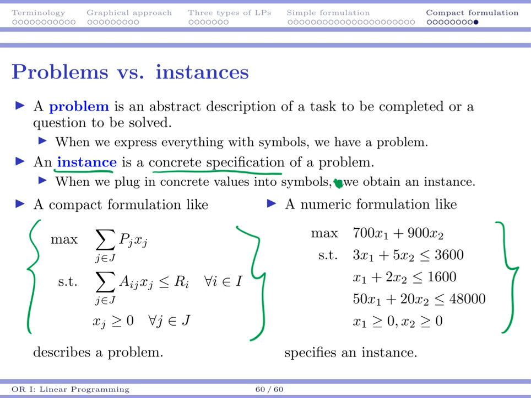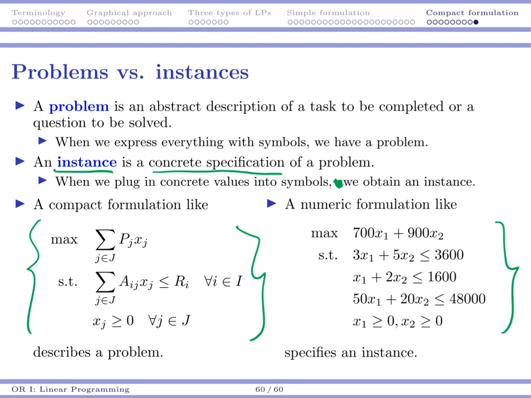So one reason to write formulations is because once you have a formulation for one problem, it helps you to deal with all different kinds of instances. Instances may change from day to day, from time to time, from location to location, but it's quite possible that their problem is actually the same one.